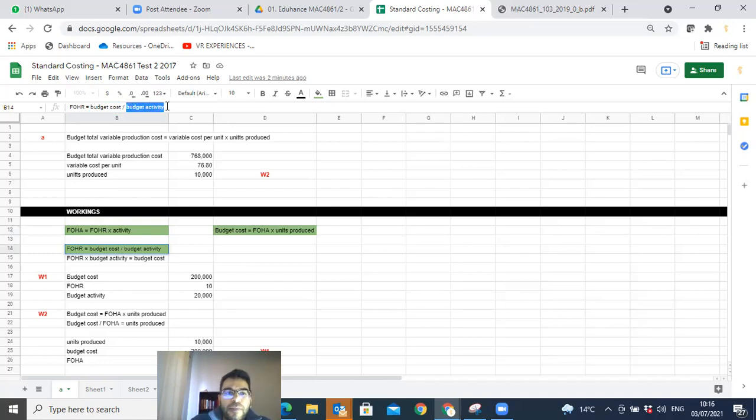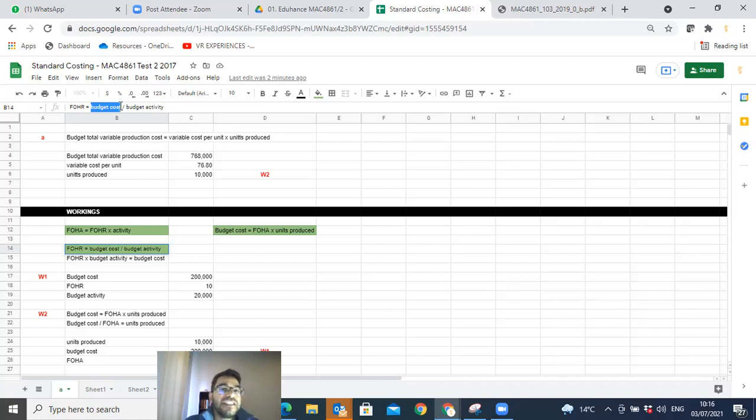So where's budgeted costs? Where's budgeted activity? They gave you budgeted activity of 20,000. That then triggers that you don't have budgeted costs, so you will most likely need to calculate it. That is why you want to run the formula through your mind.